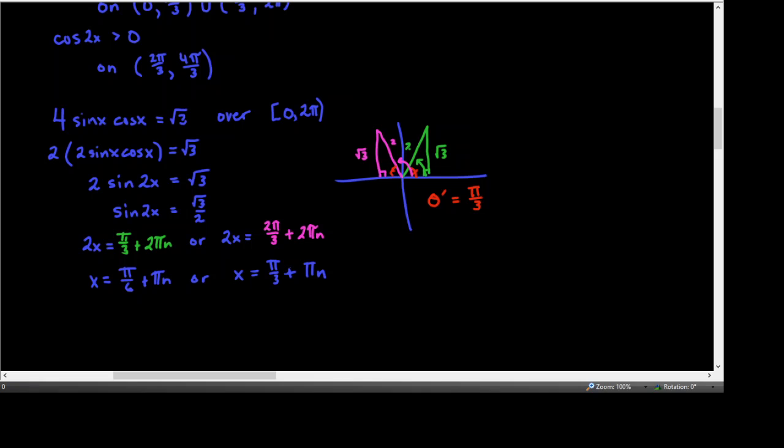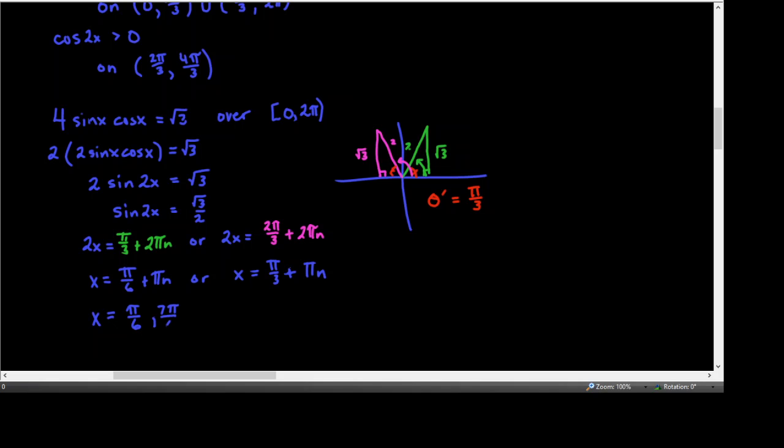Okay, so let's start making a list of good answers, starting with our pi over 6 basic angle as a good answer. If I add pi to that, so if I let n be 1, pi over 6 plus pi is 7 pi over 6, and that's still less than 2 pi.